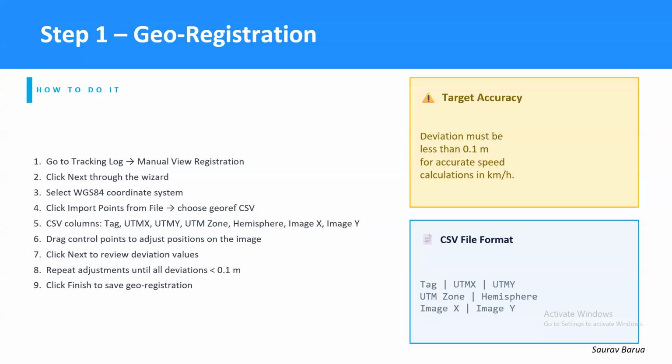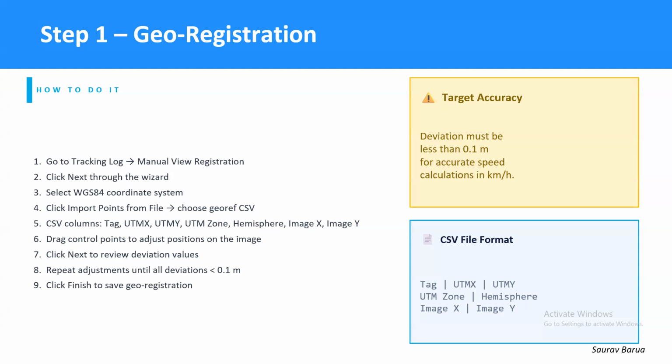After importing, we have to drag the control points to adjust the position of the image. Then clicking next, we can review the deviation values. If the deviation value is not acceptable, say greater than 0.1 meter, then we can go back and adjust by dragging the control points with the mouse.